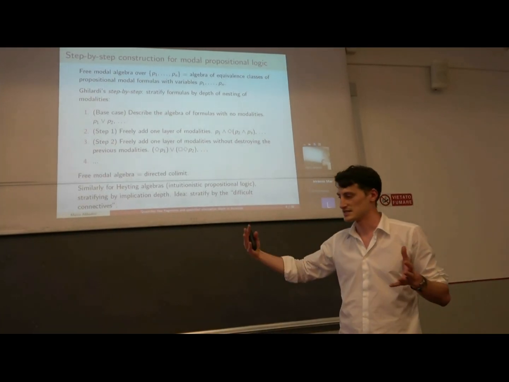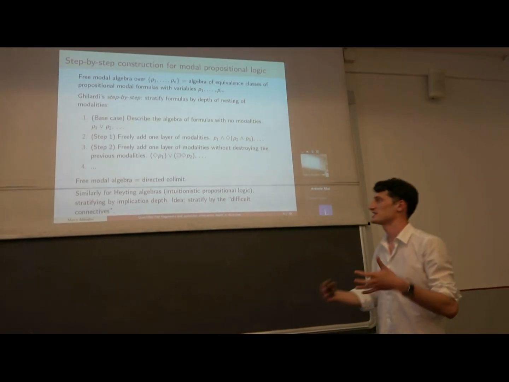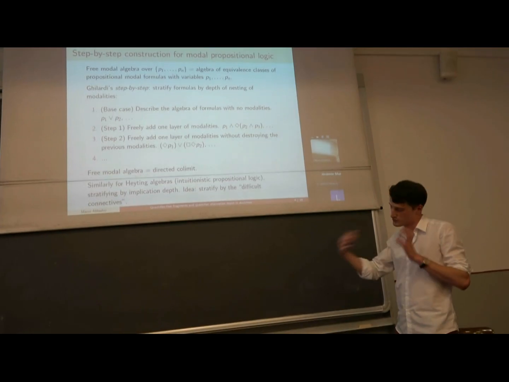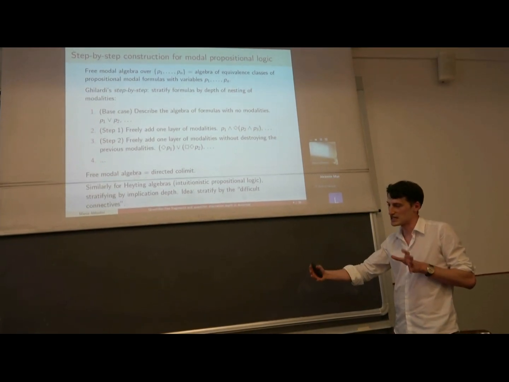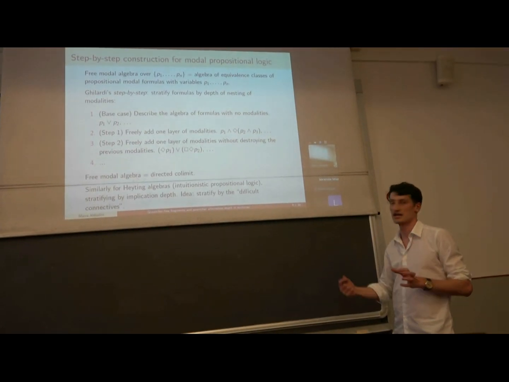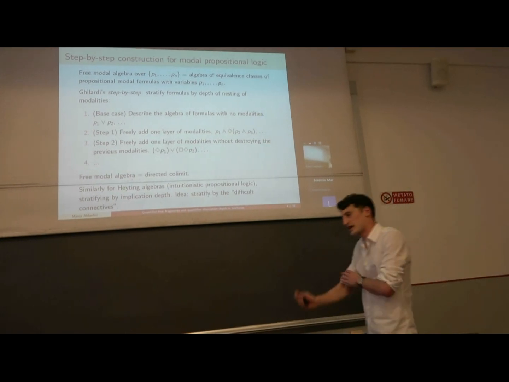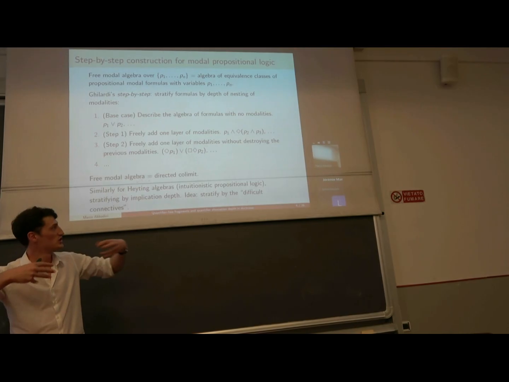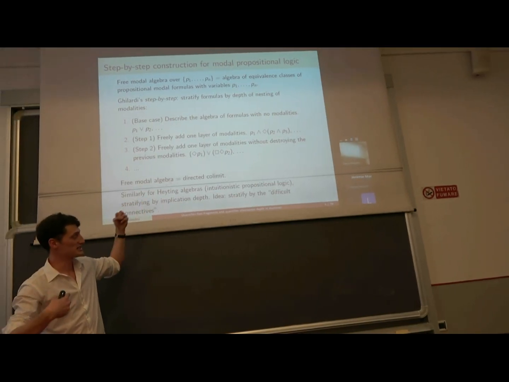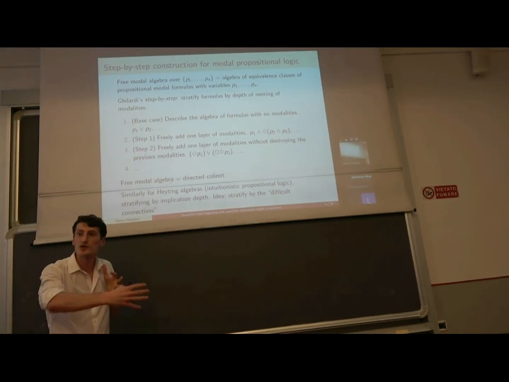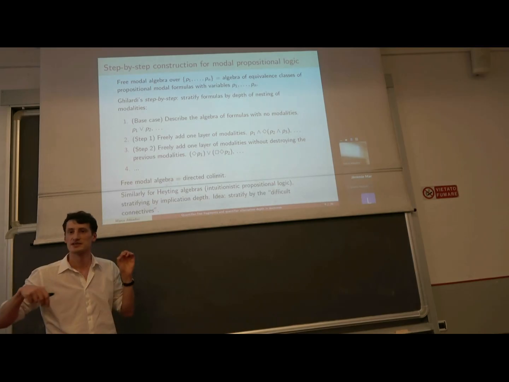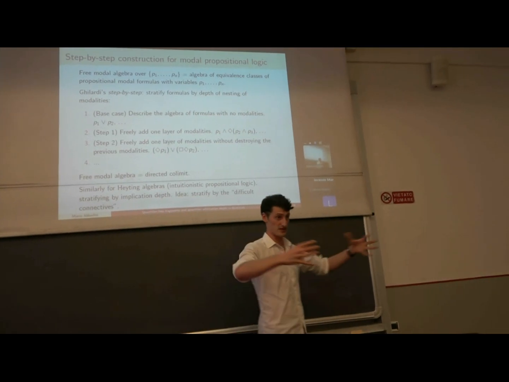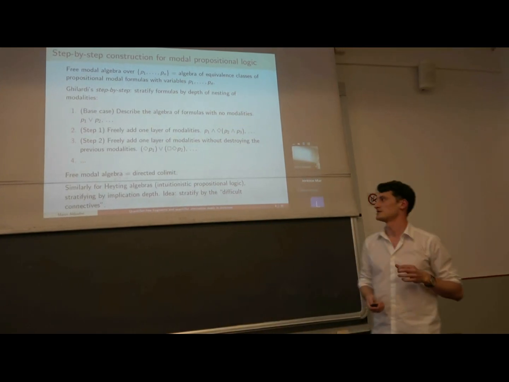For example, that every freely generated Heyting algebra over a finite set is a bi-Heyting algebra. But what I just want you to retain from this slide is that stratifying formulas by the difficult connectives can give you some more control over the whole algebra.